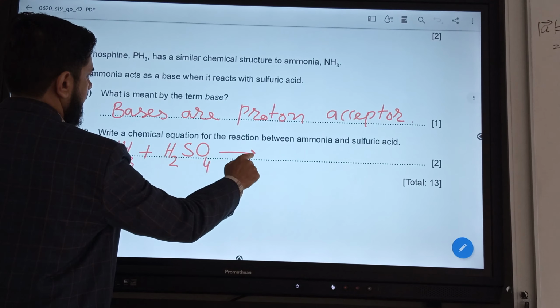When they combine, the formula we get is (NH4)2SO4. So this is the technique for writing ionic formulas. Along with the salt, we will get water. Okay, so this is the chemical equation for the reaction of ammonia with sulfuric acid. The question is completed over here, so we will discuss the next question.